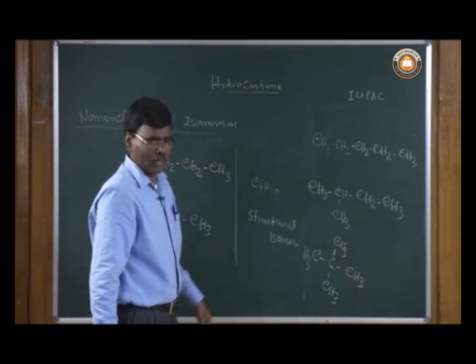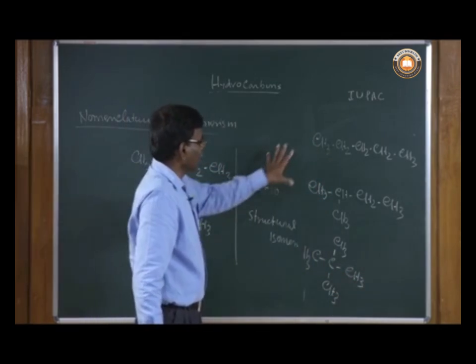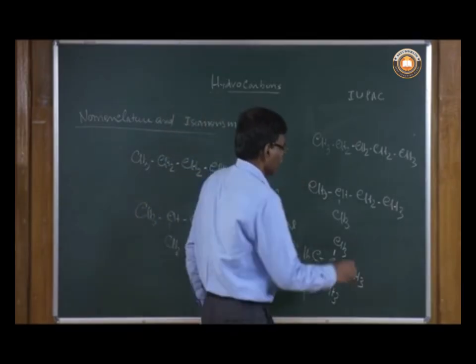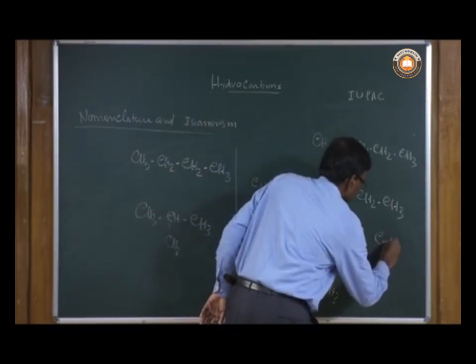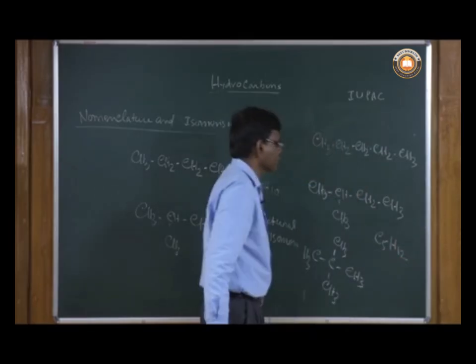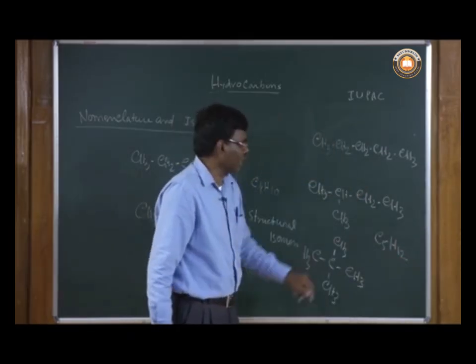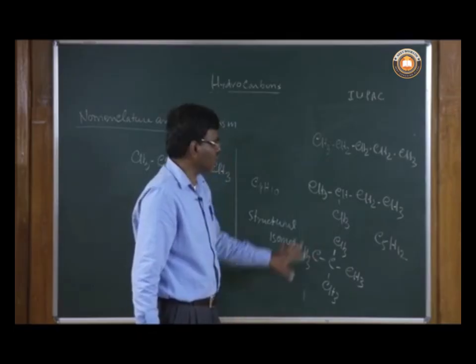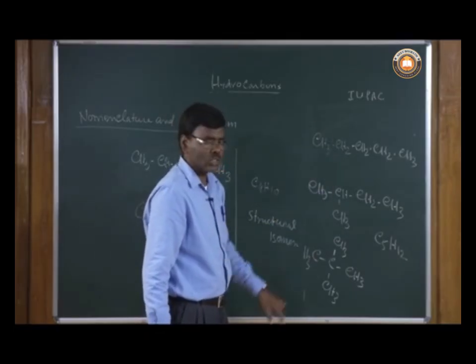They have different physical properties, and these are called structural isomers. They have the same molecular formula, C5H12, right, all have C5H12, but they have different structures. The relationship between them is structural isomers.